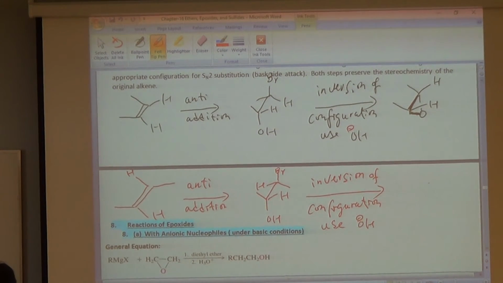We see the result. Let me keep the initial configuration. I will put the methyl on the other side. So this is methyl.